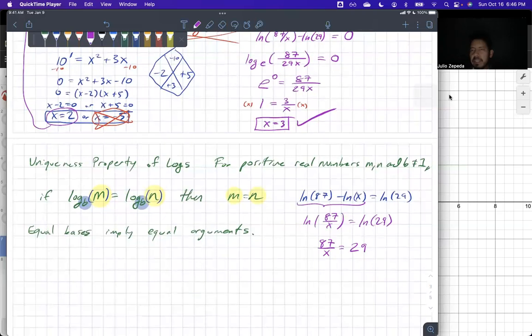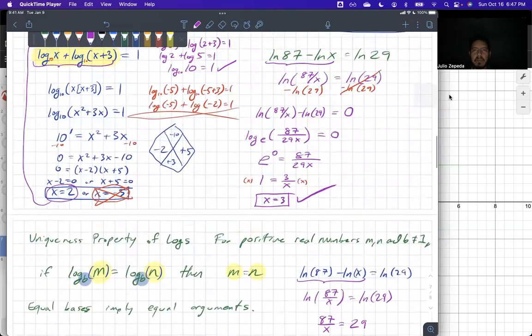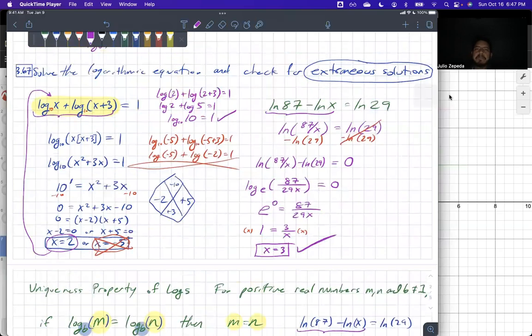So, in a sense, strict conditions in order to be able to apply this property. And so that's why I like the other method I gave earlier. Just put all the logs on one side, put everything on the other side, and rewrite that logarithmic equation in exponential form. That will work.